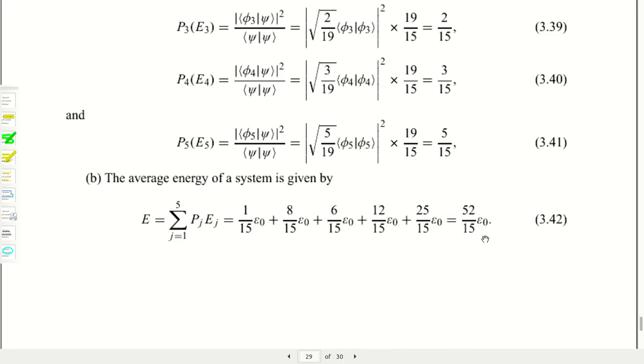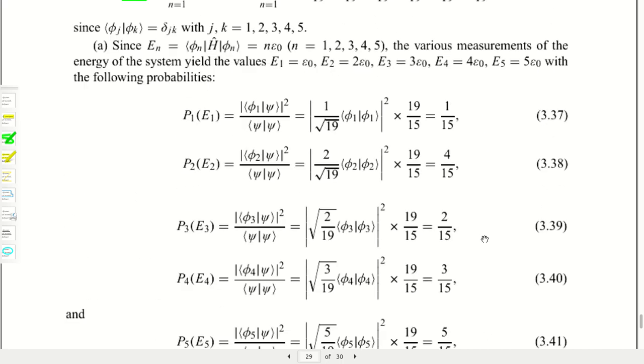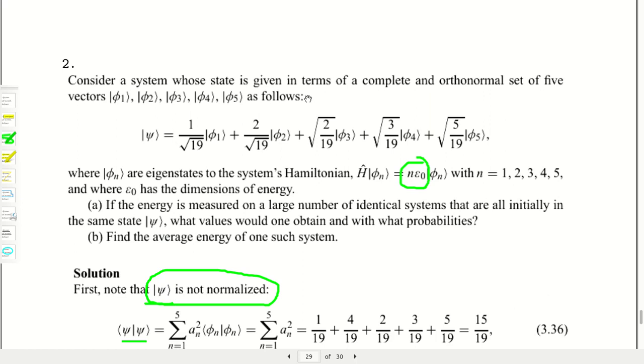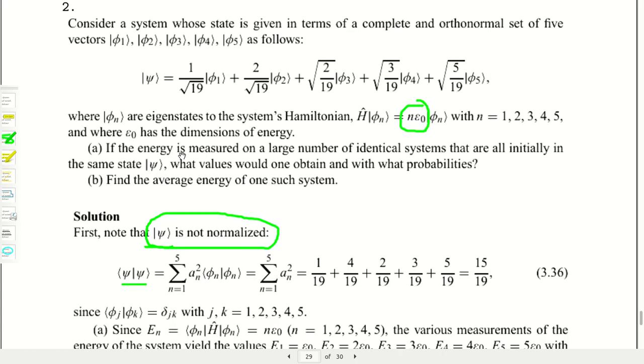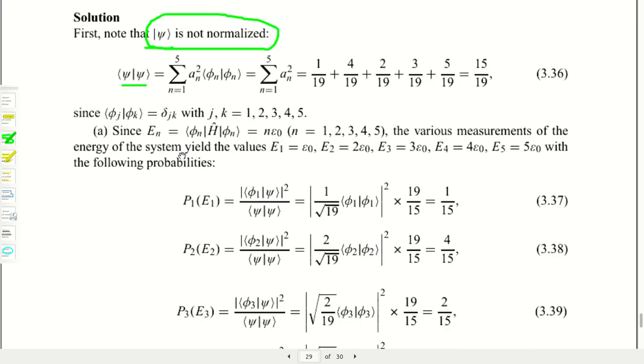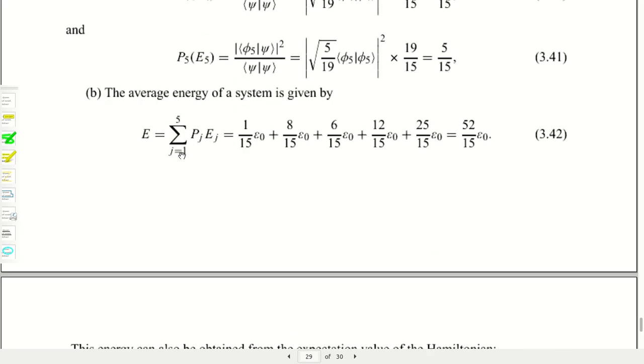If you repeatedly do the experiment on that system, which can be in those states, and take the readings, and then use the average value of the experimental data, you will surely get this result.